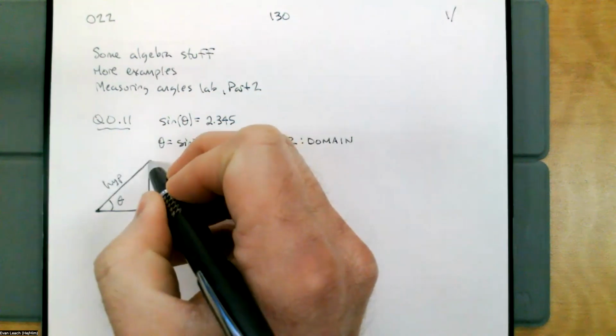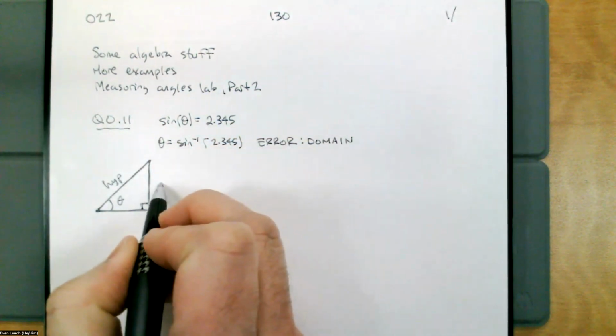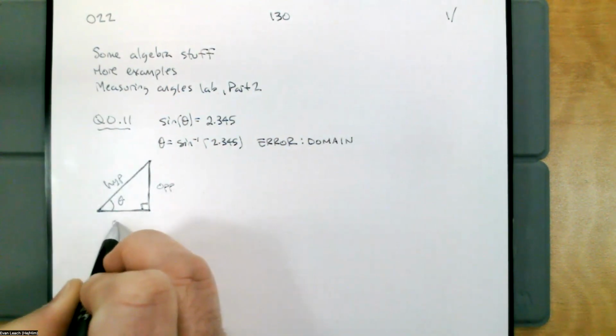What's this vertical leg of the triangle called relative to this angle theta? Opposite. And this one down here, adjacent.